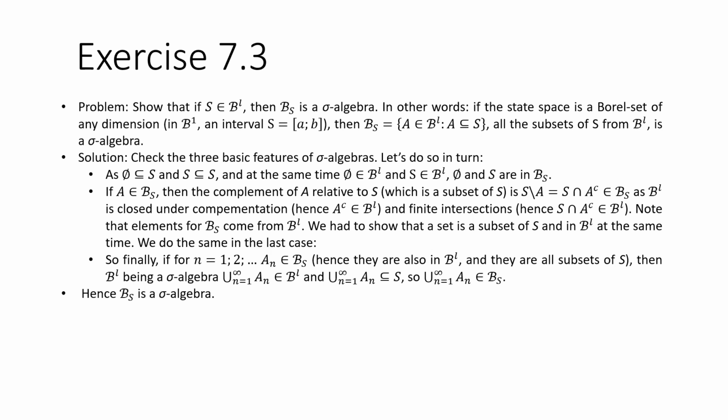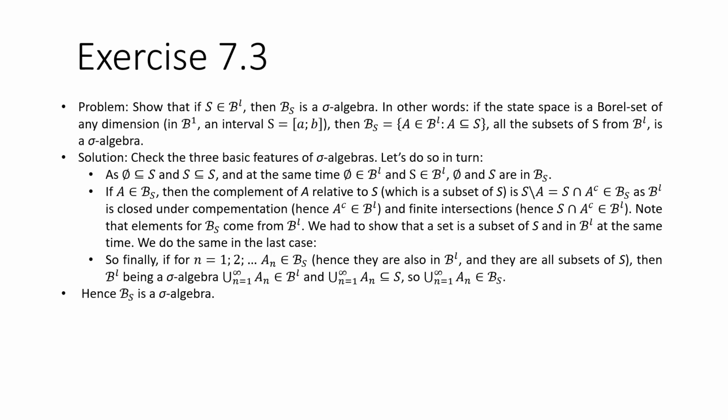So we need to use the fact that the subsets in the family of subsets are subsets of the state space, and they come from the Borel set. So, for instance, the empty set and the whole state space are in the family of subsets because they are subsets of the state space, and at the same time they are in the Borel algebra.